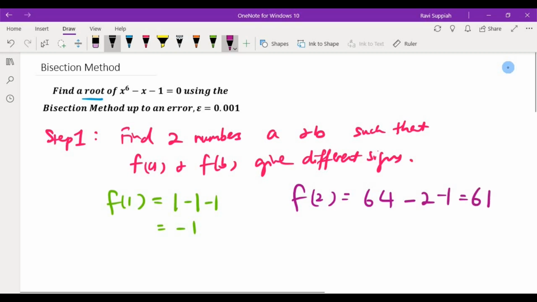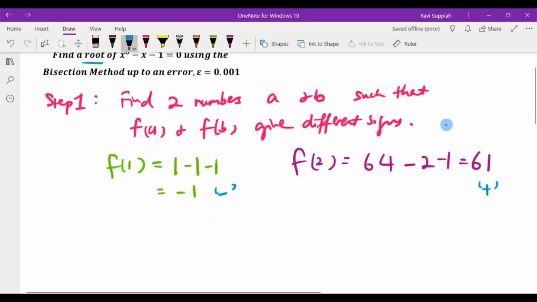As you can see, on one side I have a negative number, the other side I have a positive number, which means that if I were to draw the curve, at the point when x equals 1 and the point when x equals 2, there is a crossover from the negative side of the curve to the positive side of the curve, from 1 to 2.